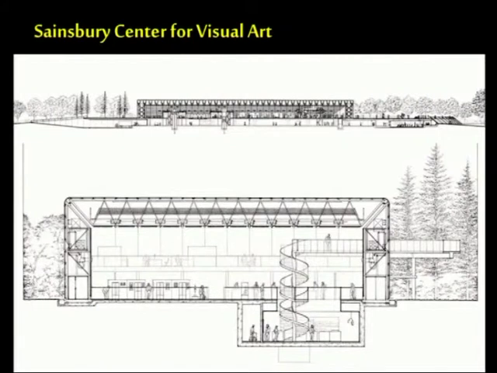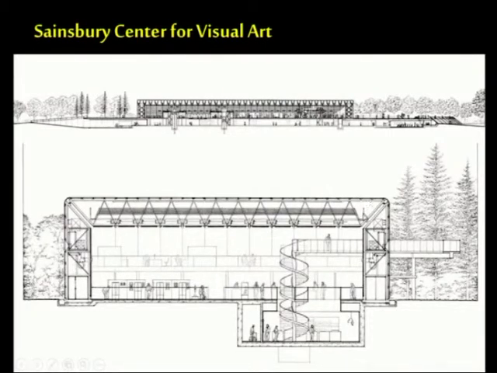Other sections of the Sainsbury Centre, wherein here the section across the building, we can clearly see the portal frames running here. You can see the structural systems, and we can see all the services that are running through it. You can see the air conditioned systems.